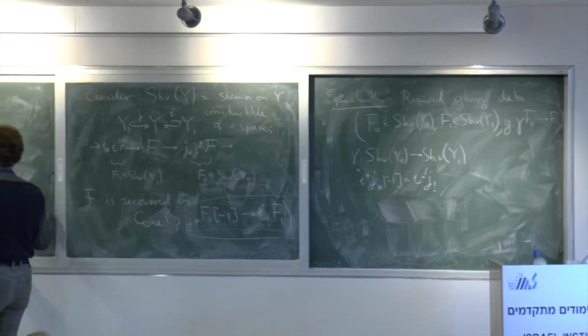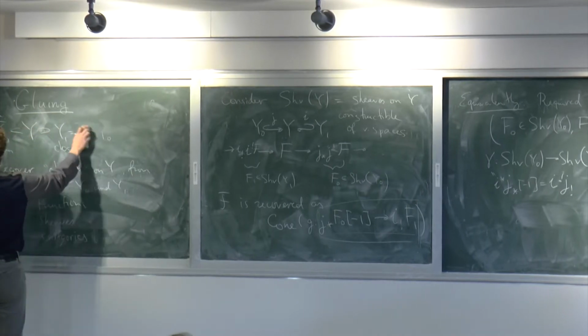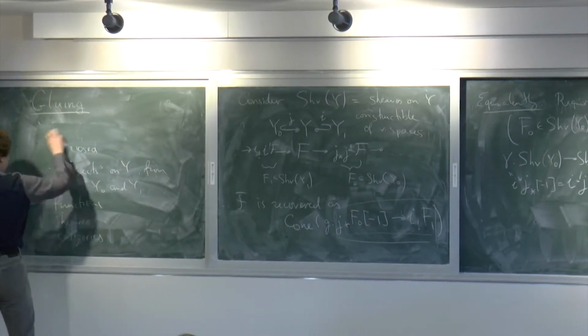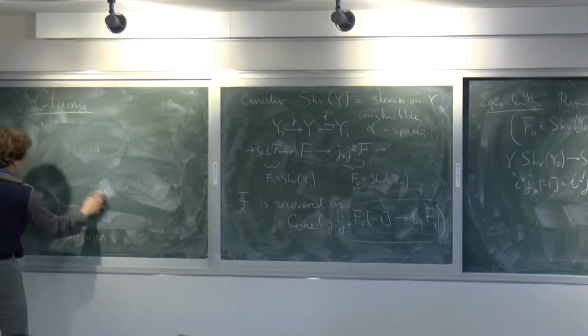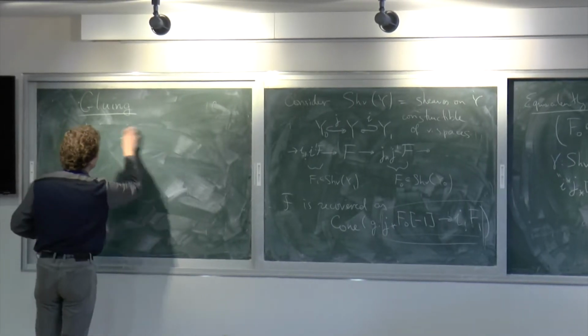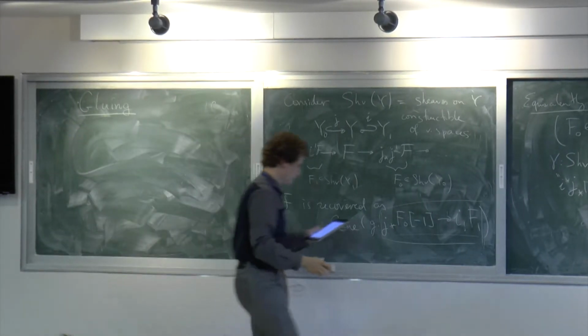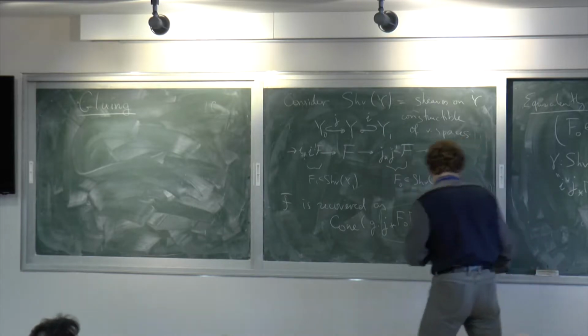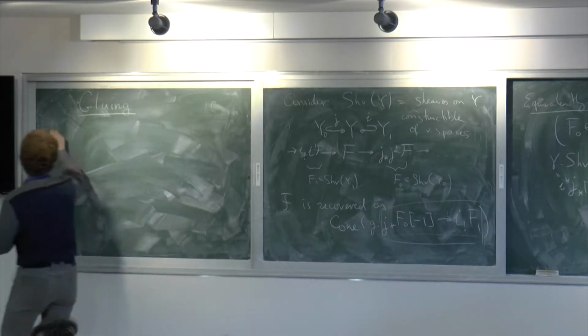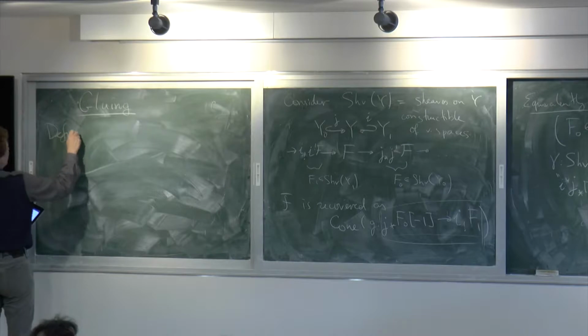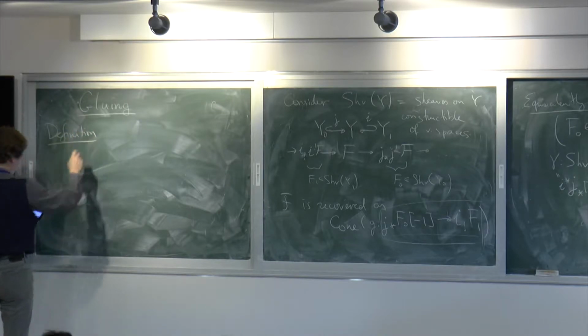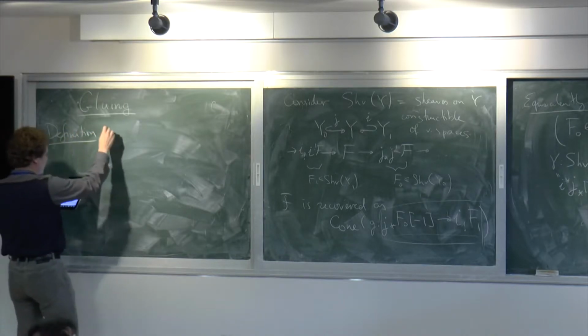So this is maybe the main abstract definition. Yeah, very simple one though. So definition. So suppose we have two DG categories.